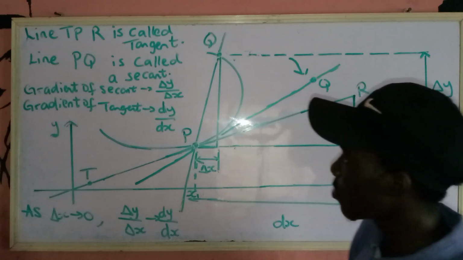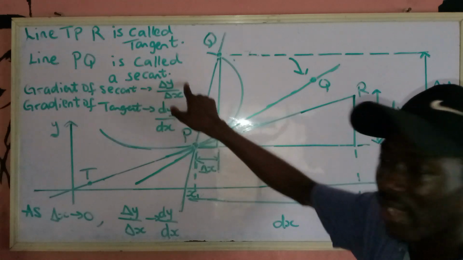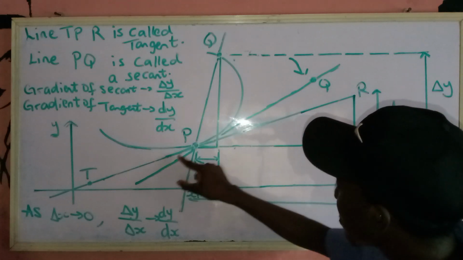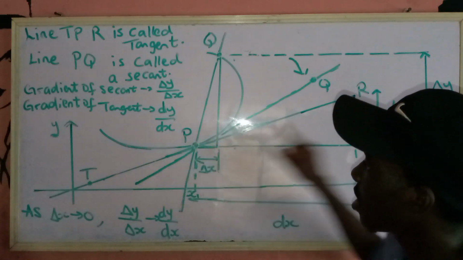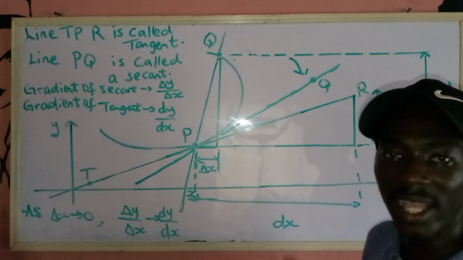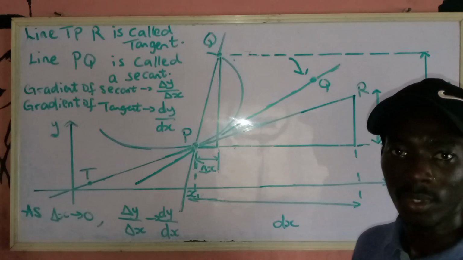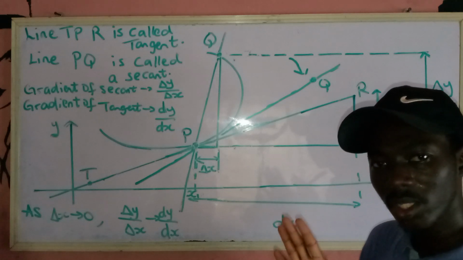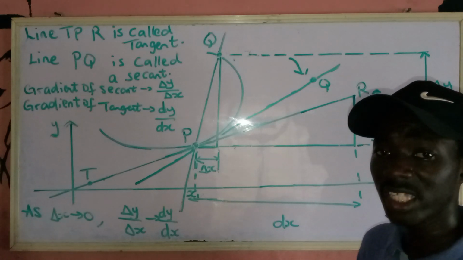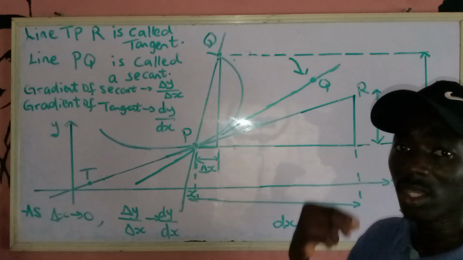What that also means is the gradient of the secant, which is change in y over change in x, approaches the tangent. You can see this tangent is TPR. It approaches the dy dx. And that's exactly what brought about differentiation. So that process is used in getting the derivative of a function.